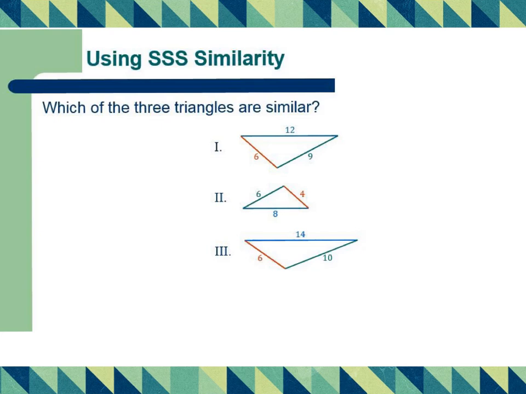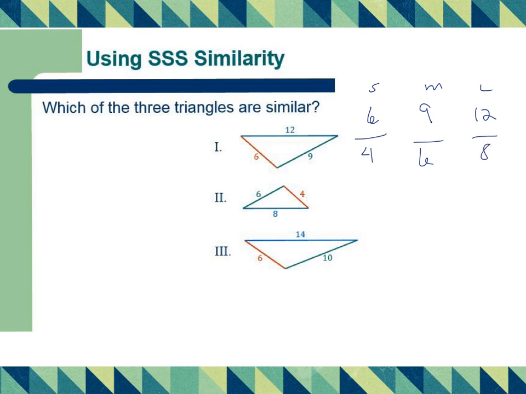I'm going to do small to medium to large, and I'm going to first look at triangles 1 and 2. So from triangle 1, I have 6, 9, and 12. And for triangle 2, my smallest side is 4, my medium side is 6, and my longest side is 8.